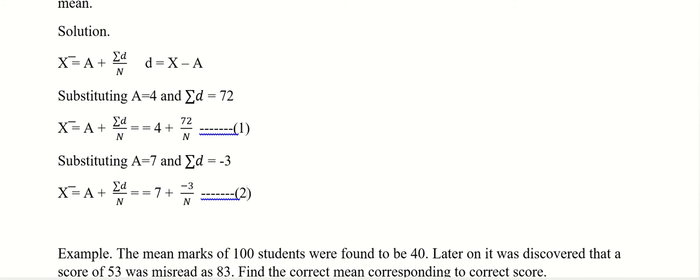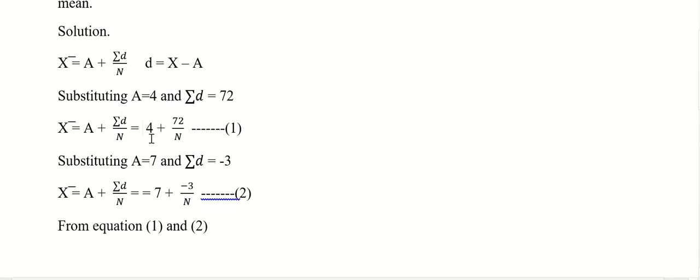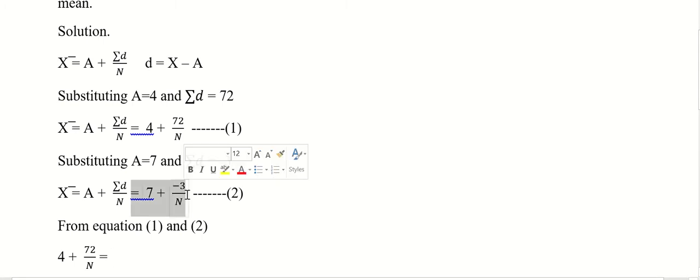Now we will equate equation 1 and 2. So 4 plus 72 by n equals 7 plus (-3) by n.